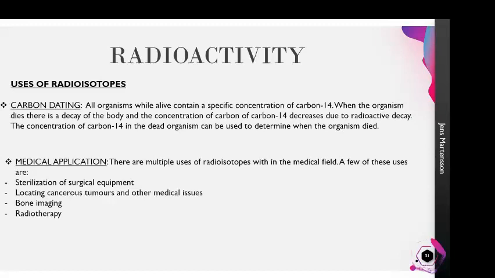When the organism dies, there's a decay of the body, and therefore a decay of the carbon-14, which decreases the concentration of the carbon-14 within the body. The concentration of the carbon-14 within the body of the dead organism is then tested, and that concentration is used to determine when the organism died based on the rate of radioactive decay.